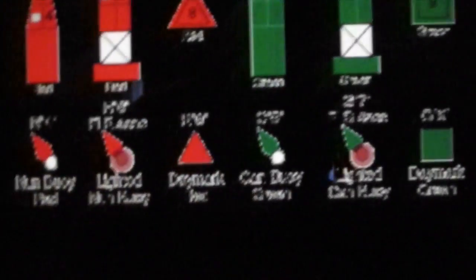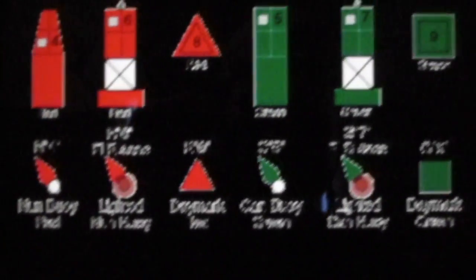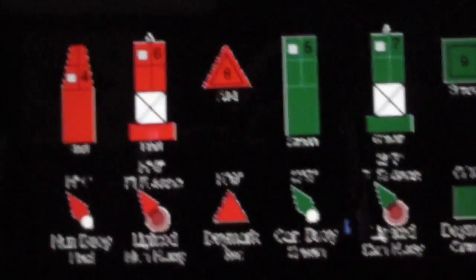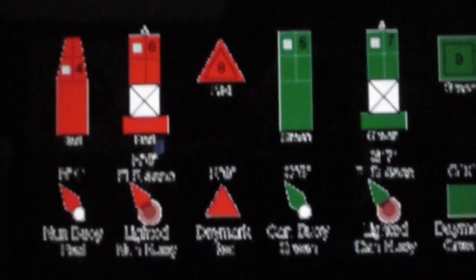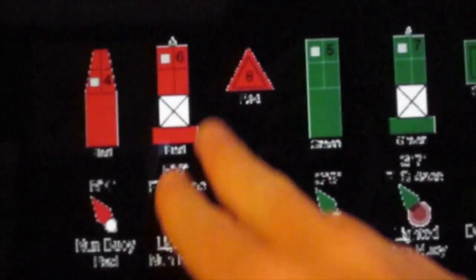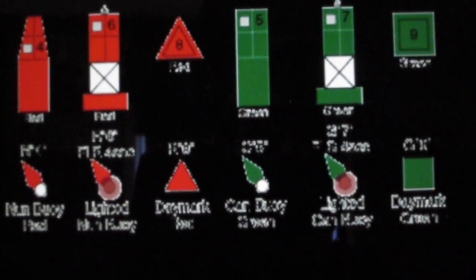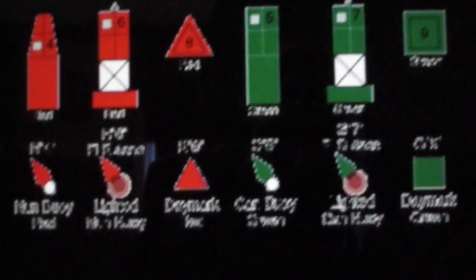So moving on, we have a couple symbols of buoys. I'm not going to get into which one means which, because that's another lesson for another day, but they're just typical symbols of buoys that we could see on a map anywhere. So something to be familiar with in case you come across it.